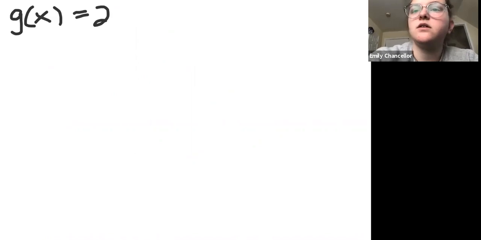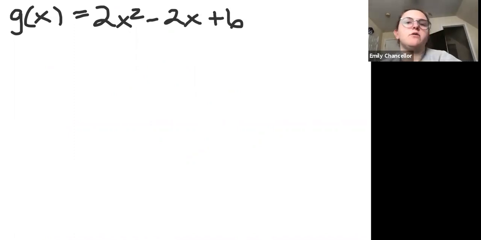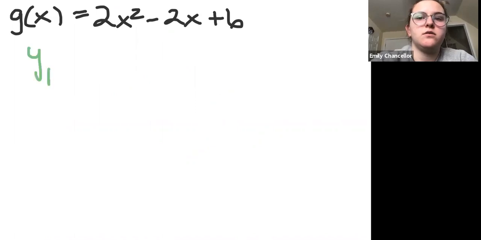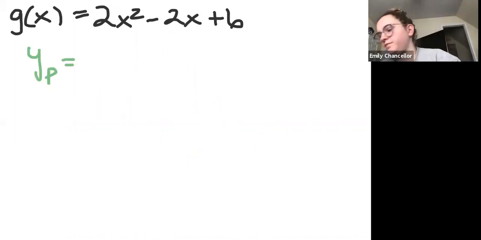So let's write down our g of x. g of x equals 2x squared minus 2x plus 6. How are we even going to come up with yp? There is a list of something called trial particular solutions. It's in your textbook under table 4.1.